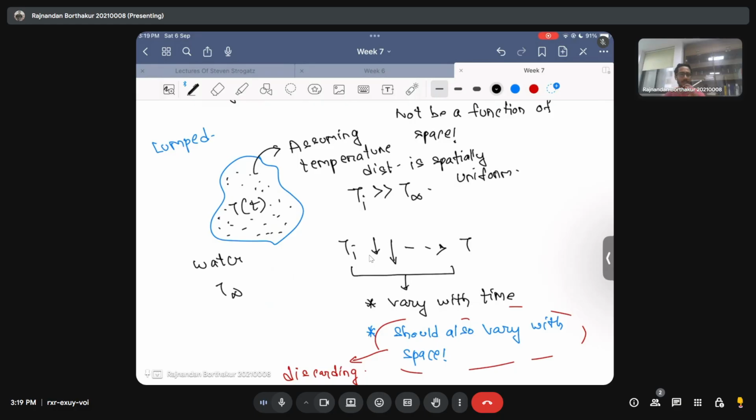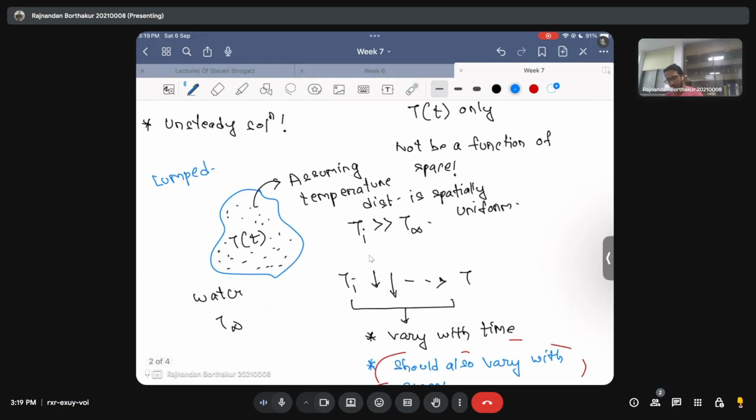Which means that all you are interested in now is to see how the temperature of the body varies in time. Such kind of bodies are known as lumped bodies, and that's the reason why this analysis is sometimes known as lump capacitance analysis.